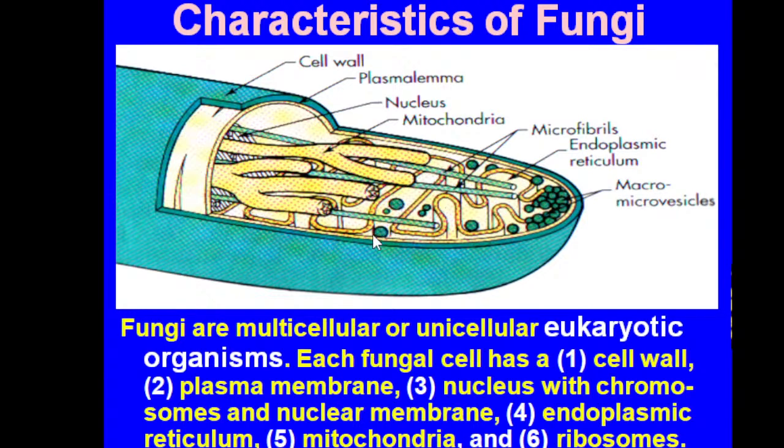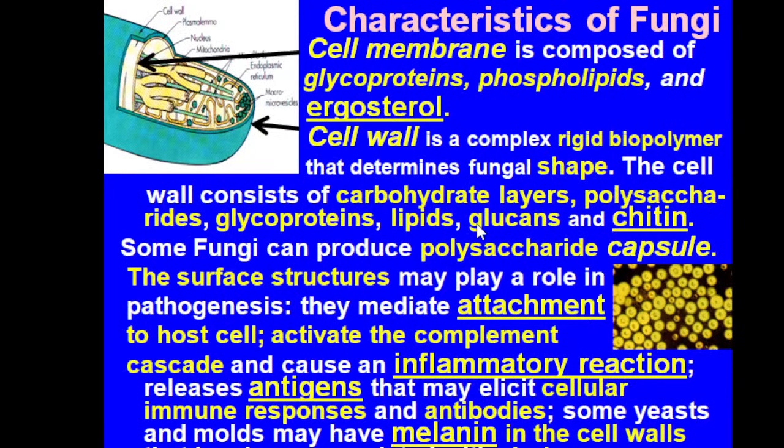Then, of course, we have endoplasmic reticulum, then mitochondria. I just want to remind you that bacterial cells don't have these very well developed organelles, right? And then of course, a lot of ribosomes. That is the general picture of the structure of the fungal cell.